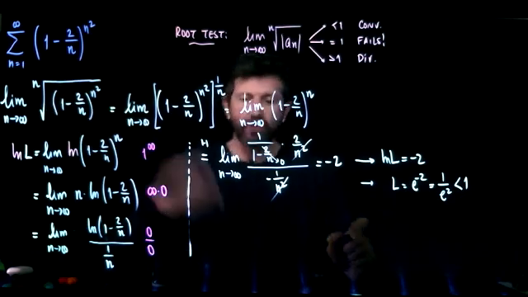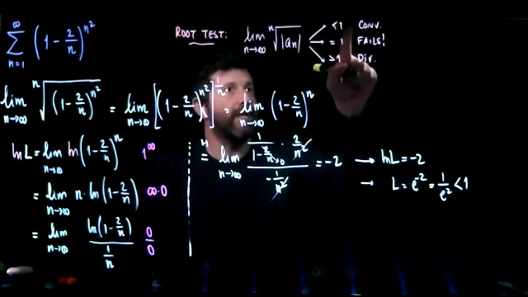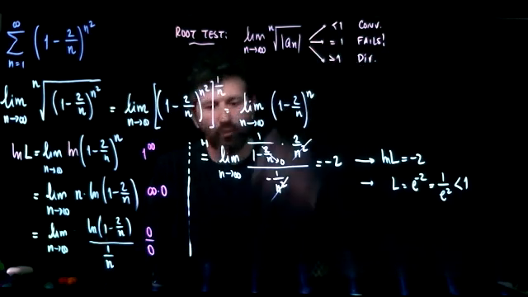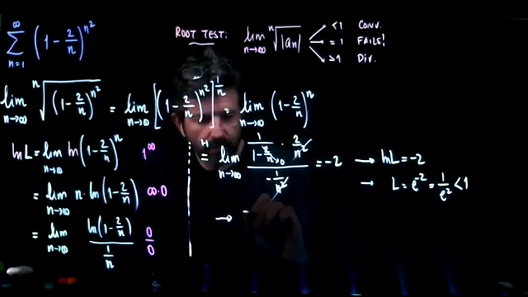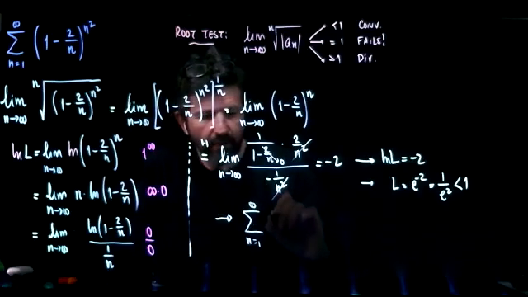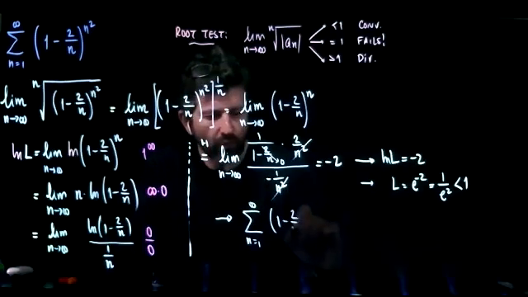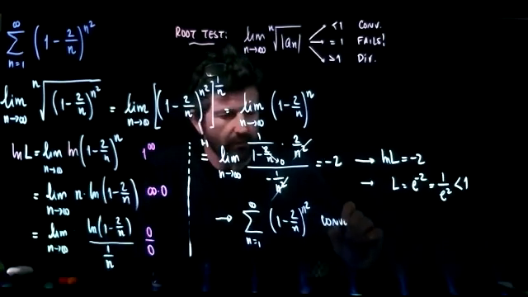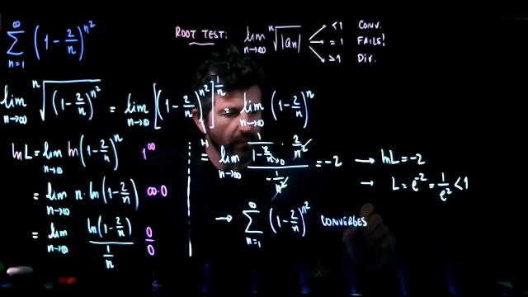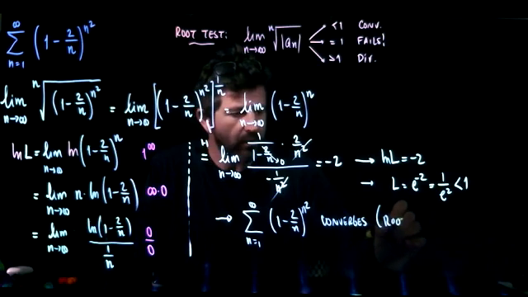Therefore, my series converges because we're following the less than 1 case here. So the series, n from 1 to infinity of 1 minus 2 over n to the power n squared, converges. And this is thanks to the root test.